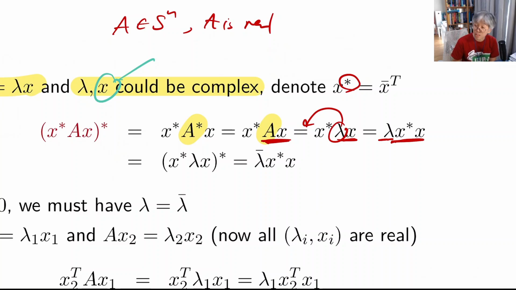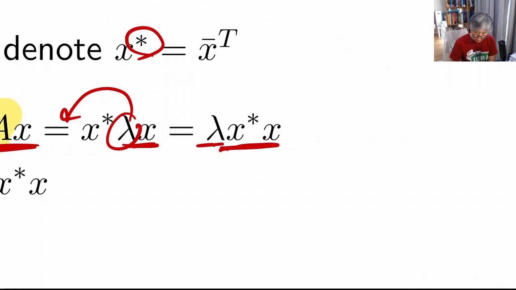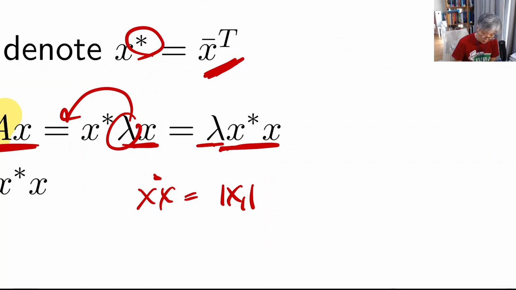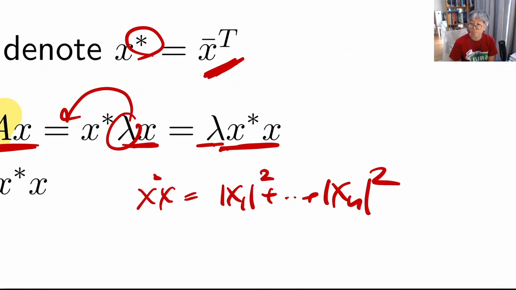So my X star X, what is it? My X star X, what the notation says is that it's just the absolute value, the modulus in the complex sense, of x1 to the dot, the modulus of xn. Okay, so it gives you a similar concept of a norm.